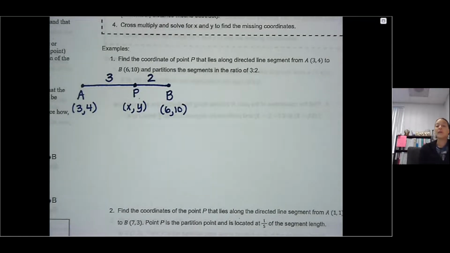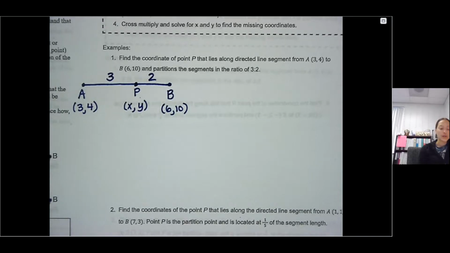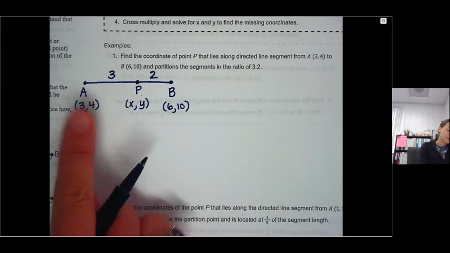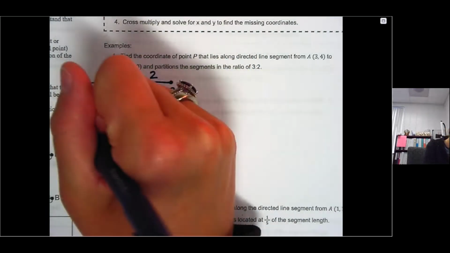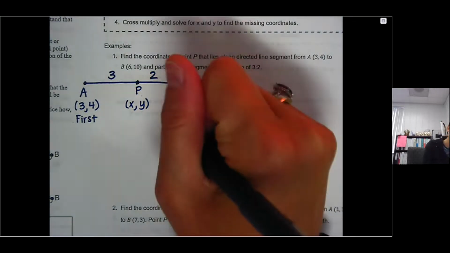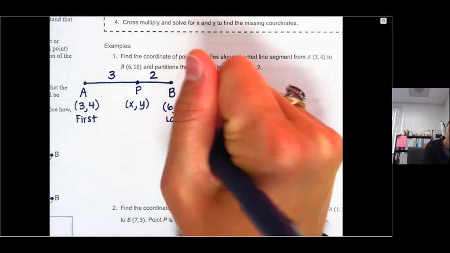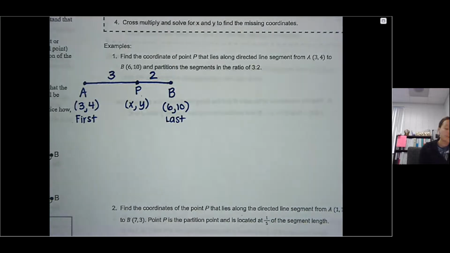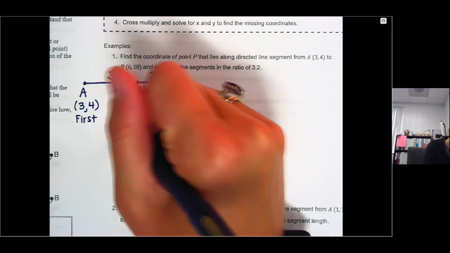Okay, we're going to label our points, and then we'll actually get started on plugging into the equation. So this was my first point, my starting point, my initial point. Point B is my last point. And point P is my partition point.